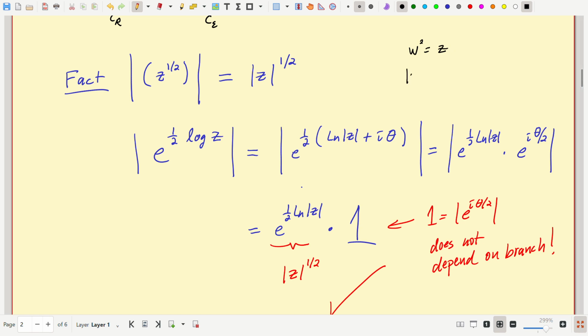If you take the modulus, you get the modulus of w squared. And so you see that the modulus of w is the modulus of z to the 1/2. You could do it that way too if you prefer, because you know that square roots, when you square them, give the number.